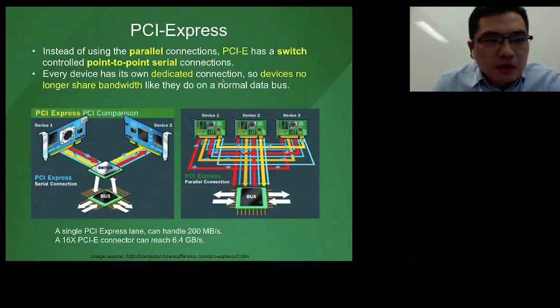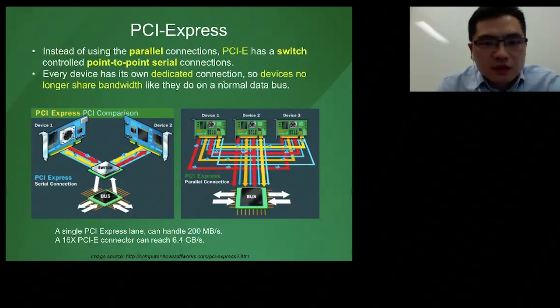As it shows, instead of using parallel connection, PCIe or PCI-Express uses point-to-point serial connections that use a switch to distribute the data transfers. So each device has its own dedicated connection. In this way, the electromagnetic interference problem is eliminated.